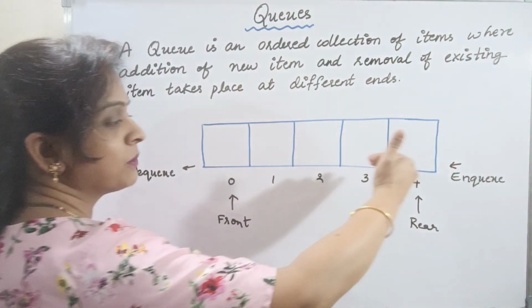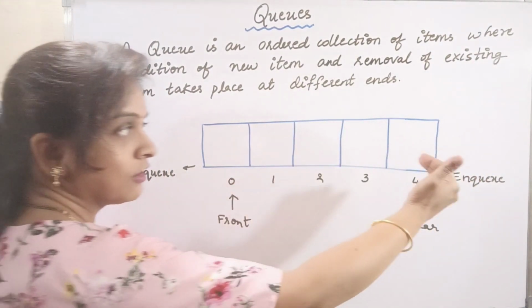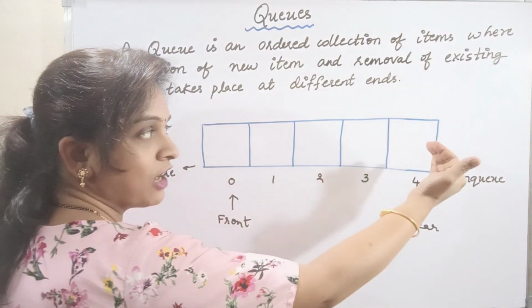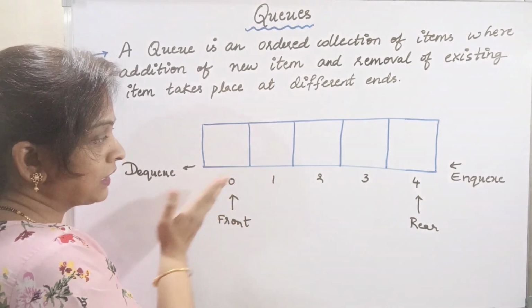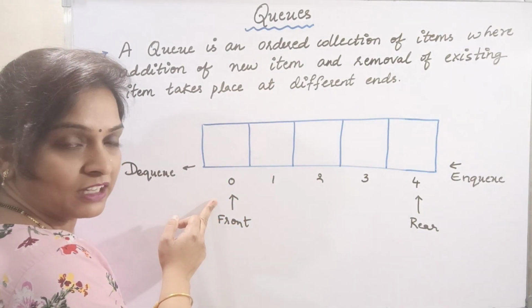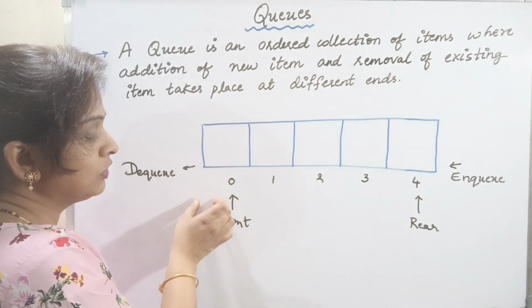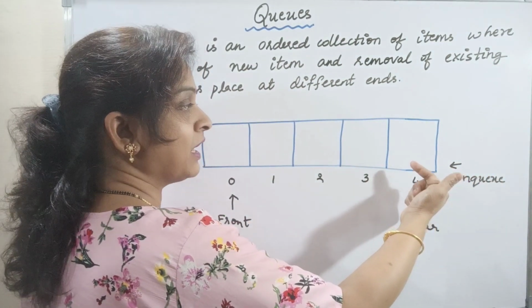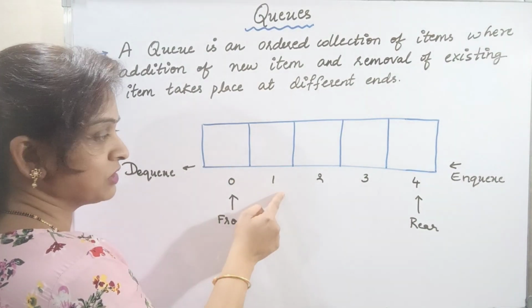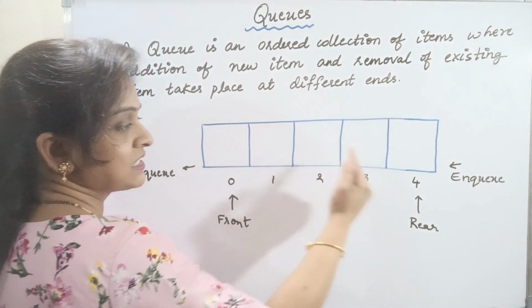When we enter from the rear end, do we stand there itself? No. We move forward and come to the first position. The next person who entered from the same rear end has to stand next to this person, and it goes on like this.